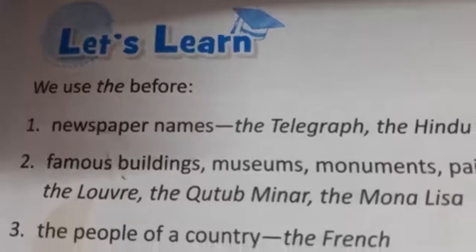An apple: apple used for the first time, and apple begins with a vowel sound. That's why we are using an. The baby: baby used again. The bird: bird used again. The fence: fence used again. The apple: apple used again. When a thing is repeated again in a paragraph, we use the. Otherwise, if it is a consonant sound we use a, and if it is a vowel sound we use an.